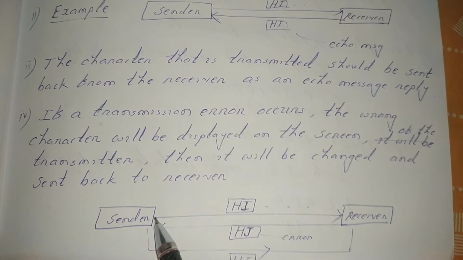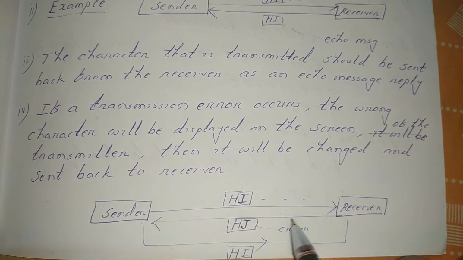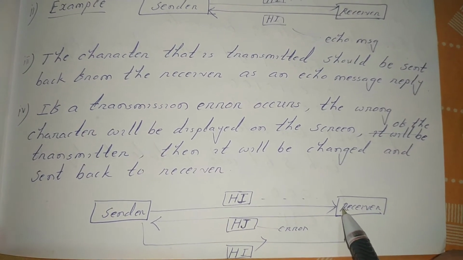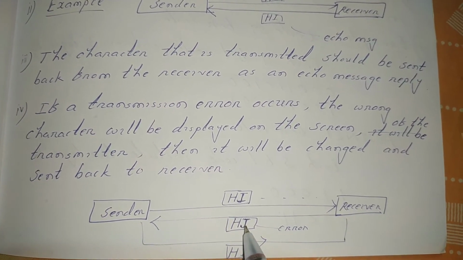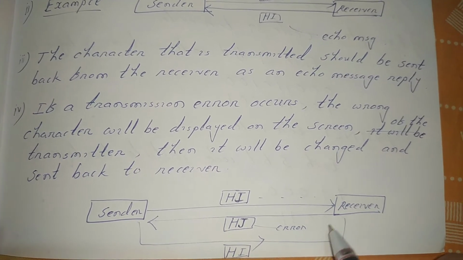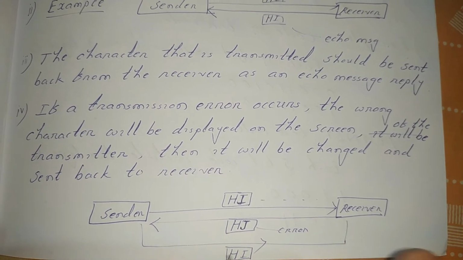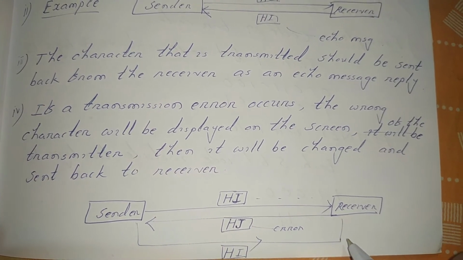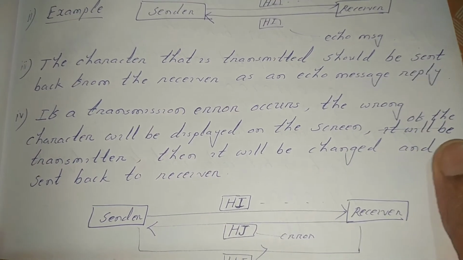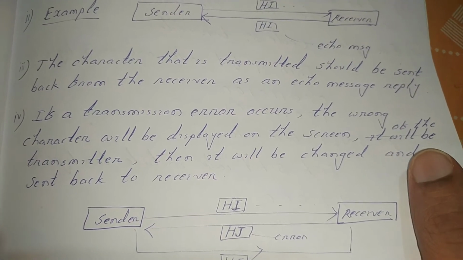So the sender is assuming that the message is not received correctly by the receiver. So the sender will change the J character into I, and once again it will transmit to the receiver side. Okay, so that type of retransmission is generally unnecessary. So that is one disadvantage of the Echoplex technique.